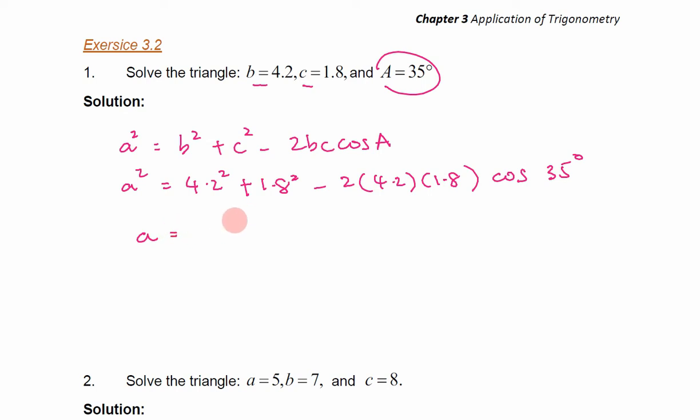So for A we will have plus minus, but since this is a length, we just take the positive answer, which is 2.9.